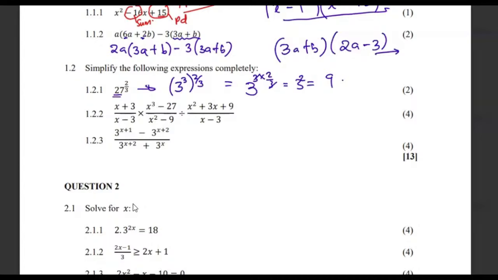Then, with this second one, we have a whole lot of terms, and then we need to apply factorization for us to simplify this fraction. So with the first one, yes, we can have x plus 3 over x minus 3.